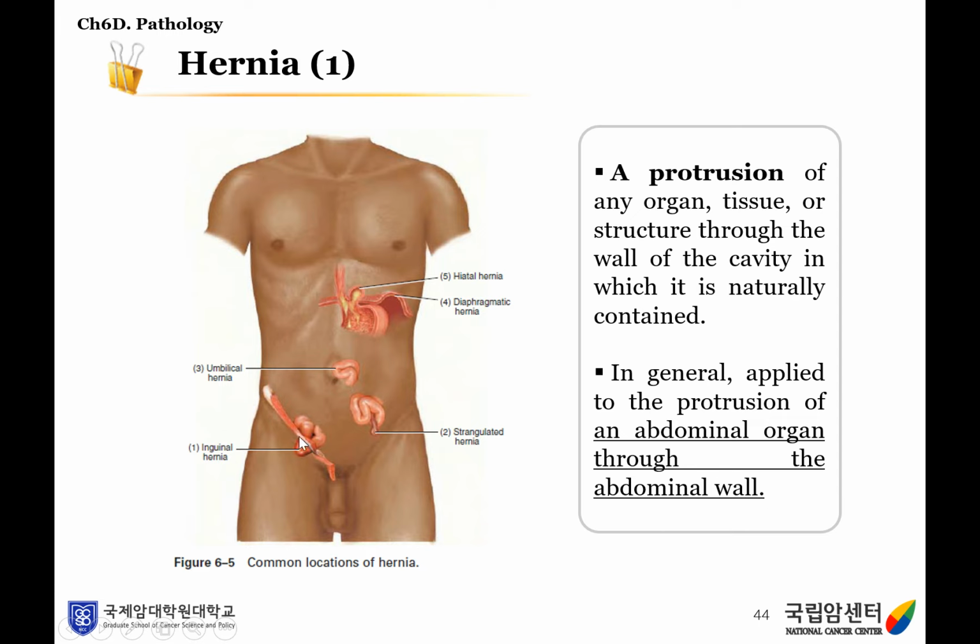Here, number 1 shows inguinal hernia, and number 2, strangulated hernia. Number 3, umbilical hernia. And also, there are the hiatal hernia and the diaphragmatic hernia surrounding the esophagus, the terminal esophagus, and the first part of the stomach.